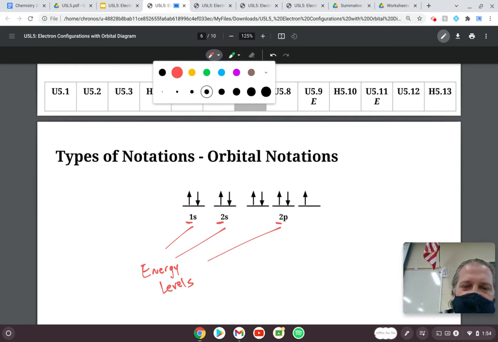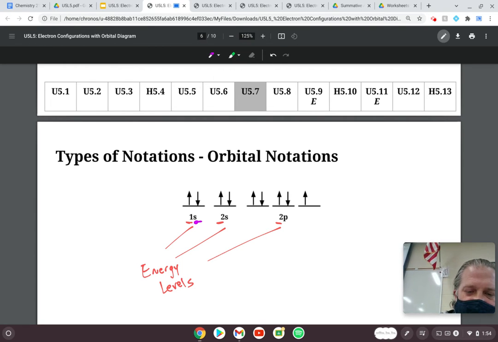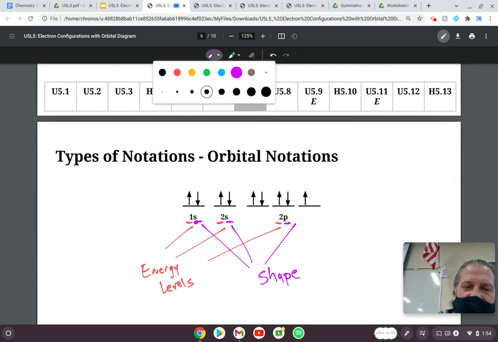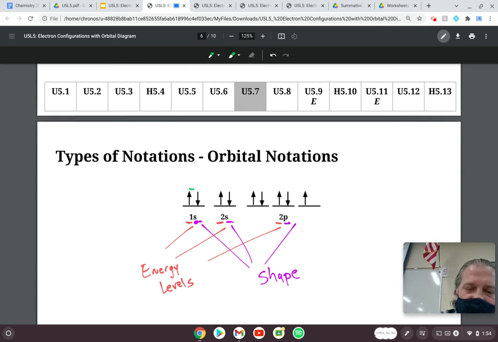I have the lowercase letters, which are the shape. I have these arrows, which are our individual electrons.